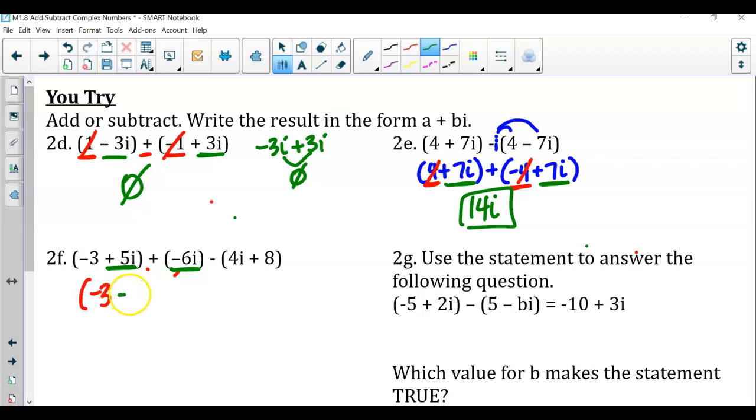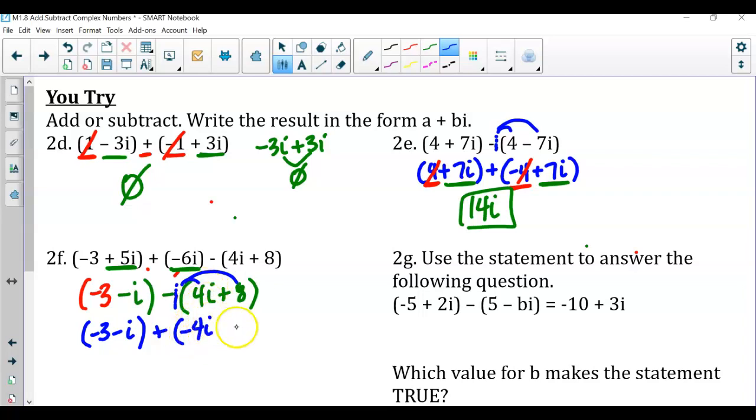That gives you negative 1i, or just negative i. Now I'm going to bring down minus 4i plus 8. Notice again, we are subtracting. So let's distribute that negative 1. So here we've got negative 3 minus i. Then plus now, instead of positive 4i, negative 4i minus 8.